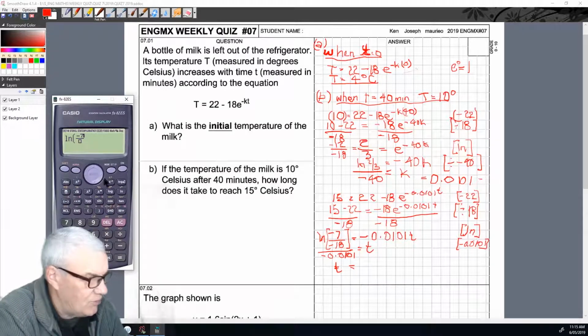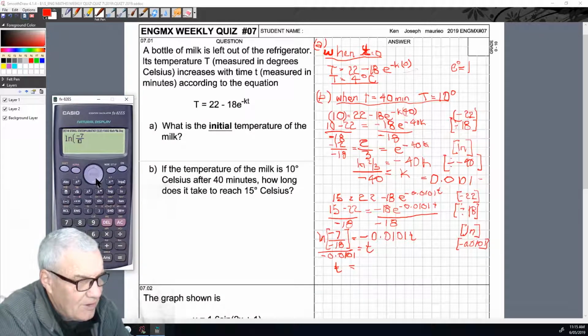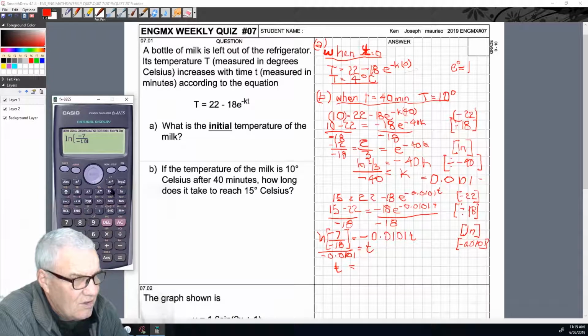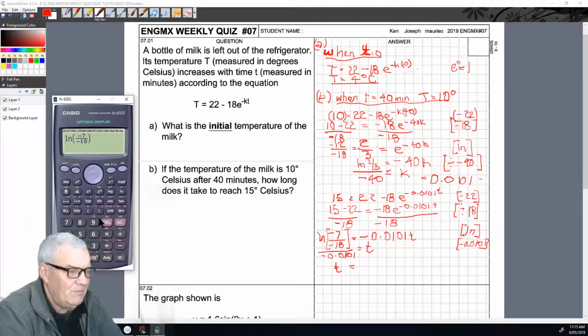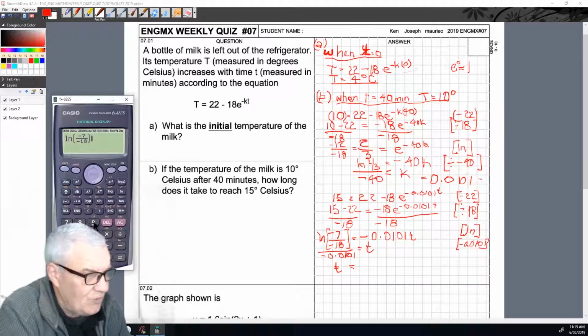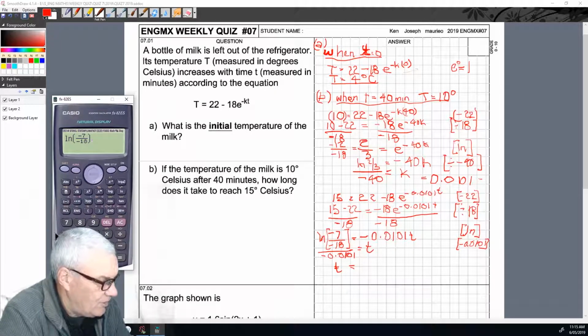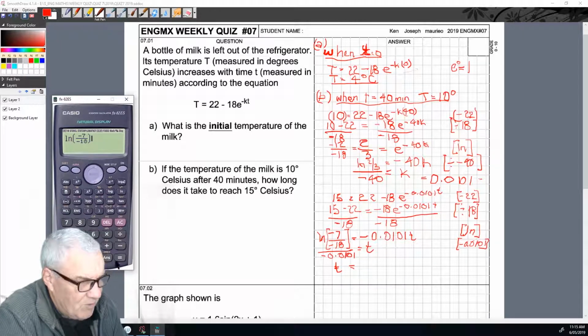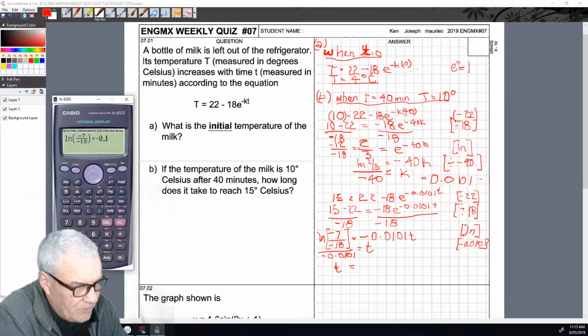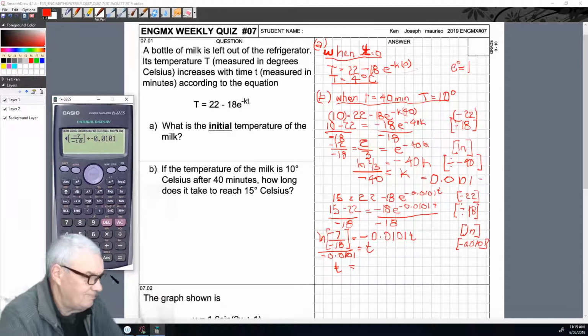I would just put 7 over 18, but it doesn't matter. We can do negative 18, and then close that out. So what I've done is I've forgotten to put that there. So that's going to be divided by negative 0.0101.